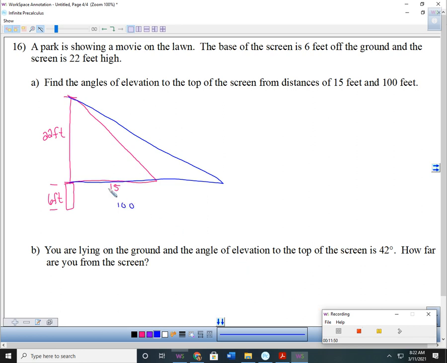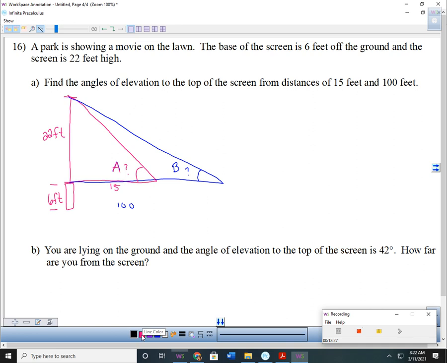Okay, so they want the angles of elevation, right? So if I'm sitting here and I look up to the top of the screen, this would be one angle of elevation. And then the other would be if I was sitting farther away, looking up to the top of the screen. So let's call this one A, and this one B.